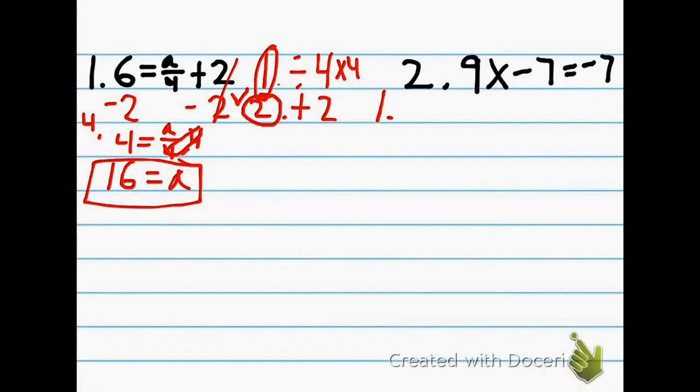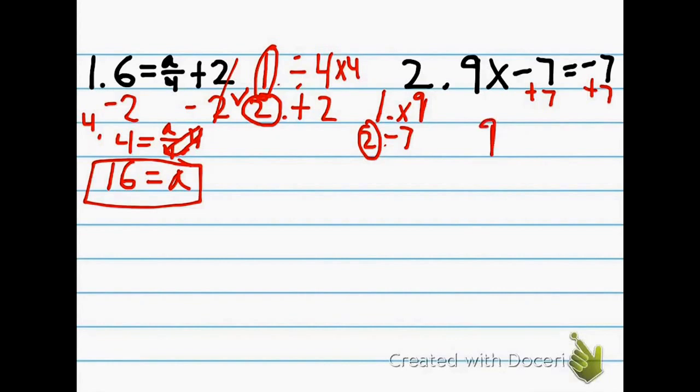So our variable is being multiplied by 9, and then it's being subtracted by 7. So we're going to start from step number 2, and instead of subtracting by 7, we have to add 7. Do that to the other side.